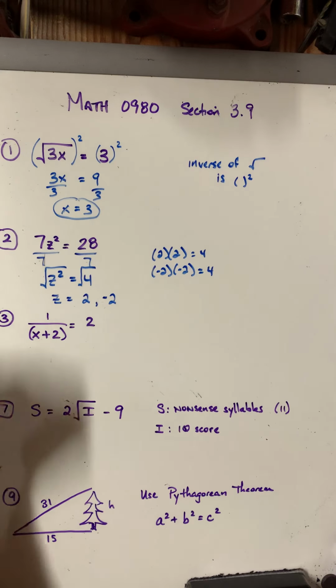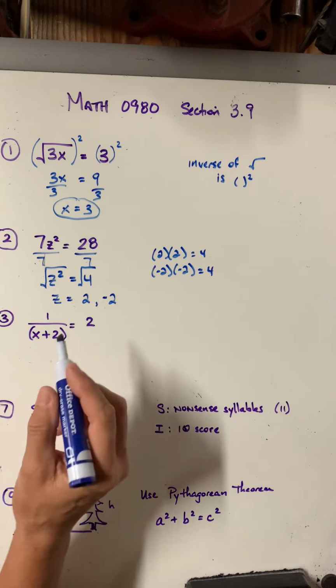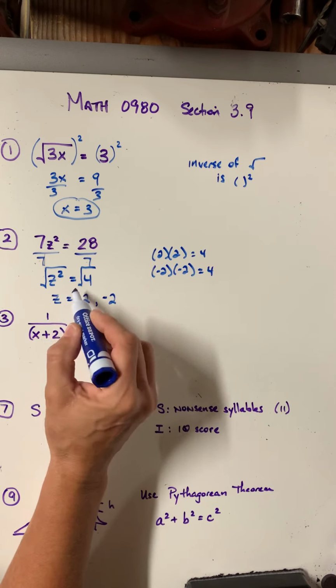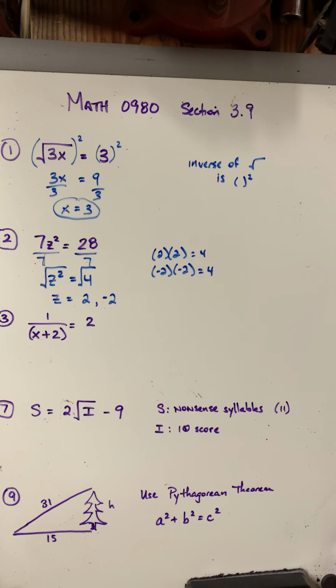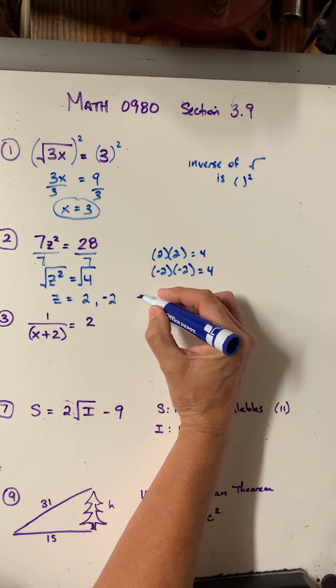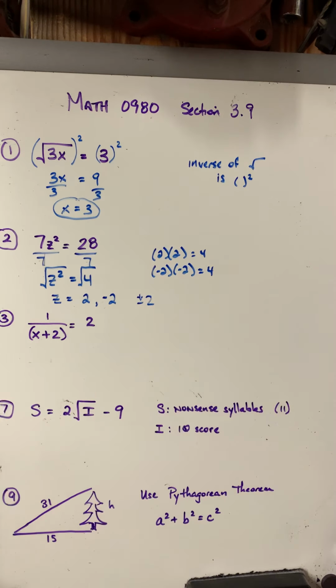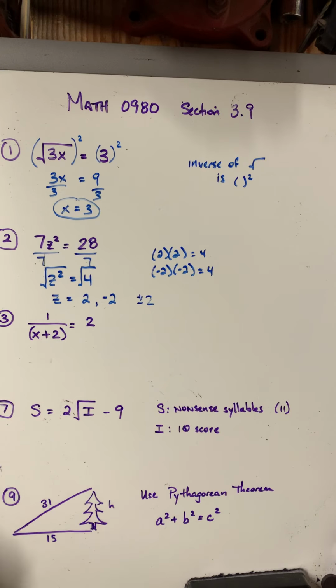Had they wanted the negative piece, they would have put the negative there. So just remember that when you take a square root of something, you have to account for a positive and negative answer. There's a shortcut for writing both of those answers, and that would be plus or minus 2. There is a plus or minus key on your menu at the bottom of your screen.